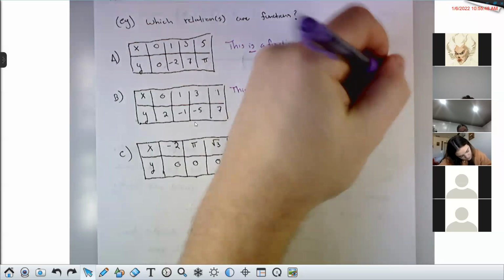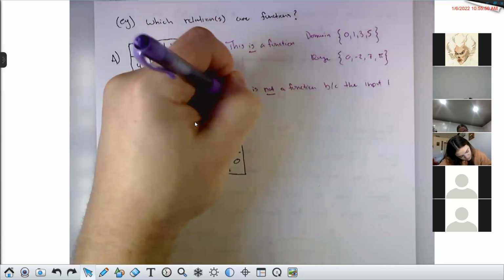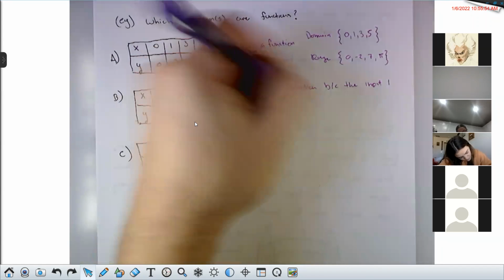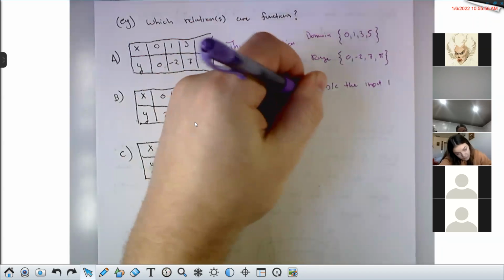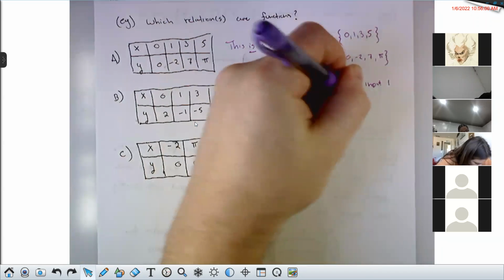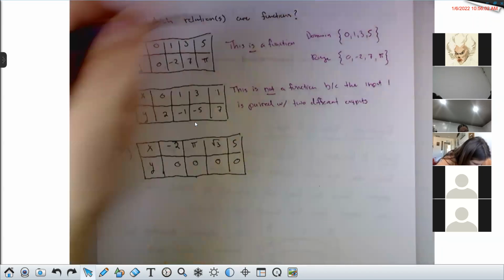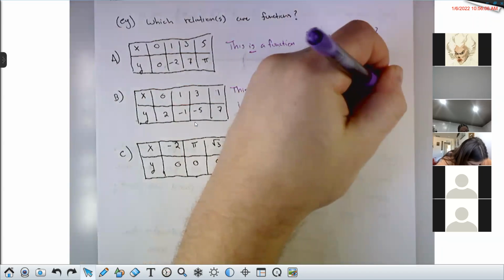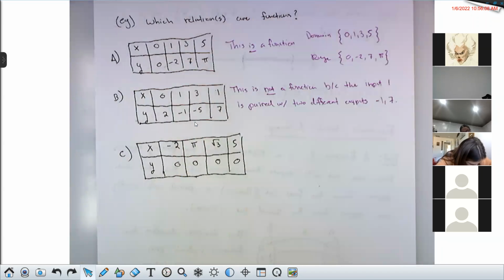Good. The input 1 is paired with two different outputs, namely -1 and 7. And that's what's not allowed.